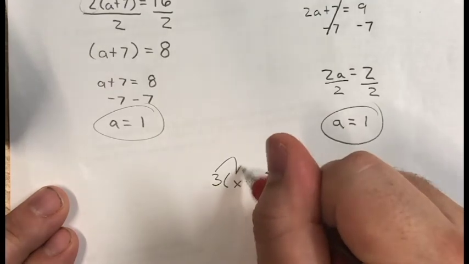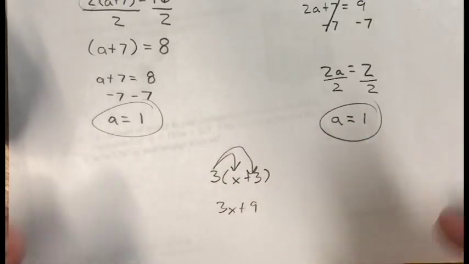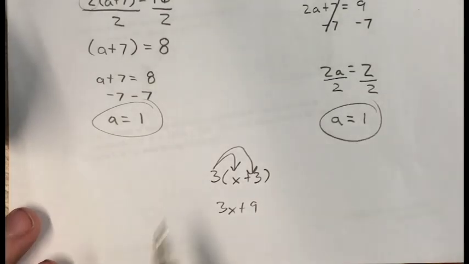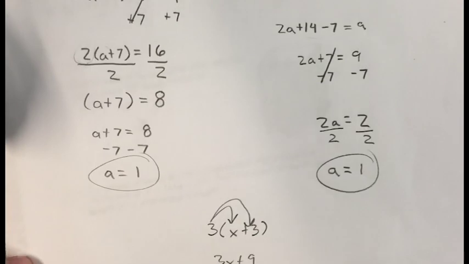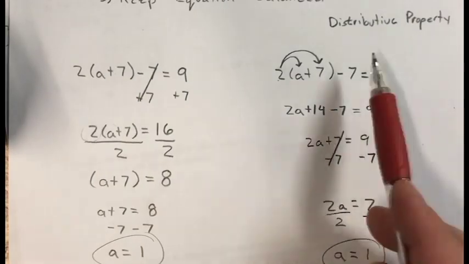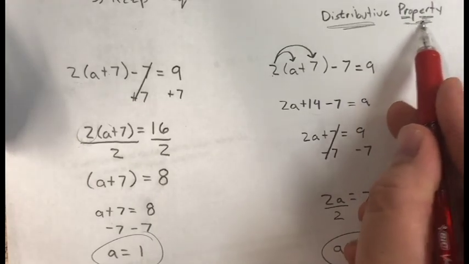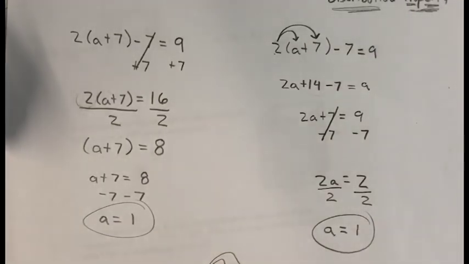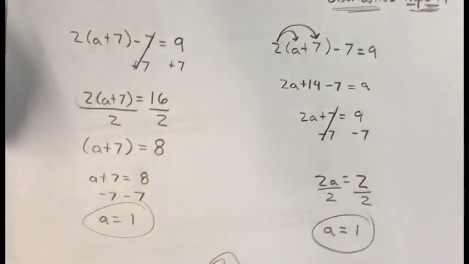So this would be 3x, and this would be plus 9. This is all the distributive property is. I'm distributing this 3 across everything inside the parentheses. All right, so this is something that I want you to try to remember. We're going to be talking about this several times throughout the year, but if you forget this, SADMEP should keep you on track.